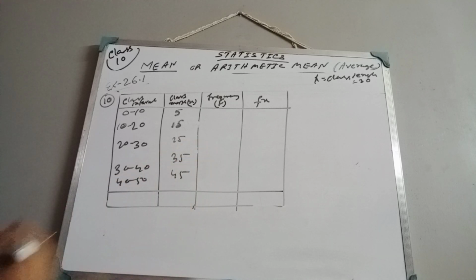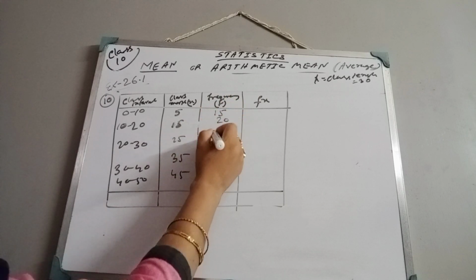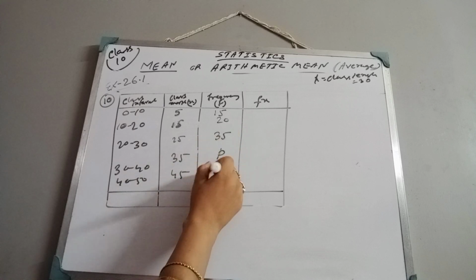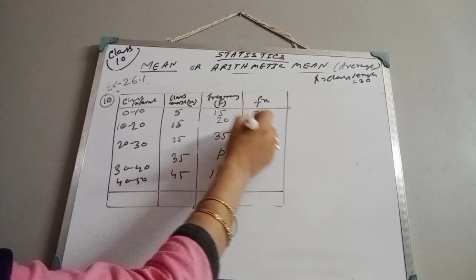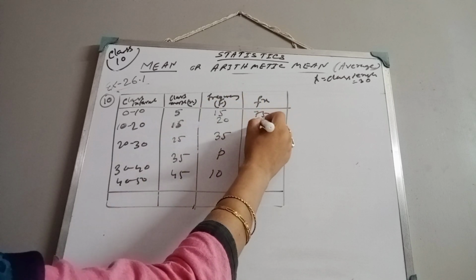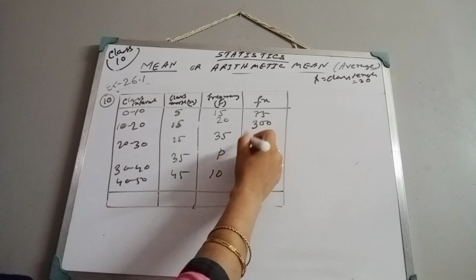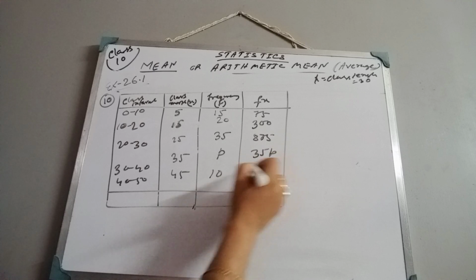Now frequency, what is the frequency given to us? First is 15, next 20, next 35, next p, this value we have to find out, next is 10. fx is 75, then 300, then 875, next is 35p, next is 450.